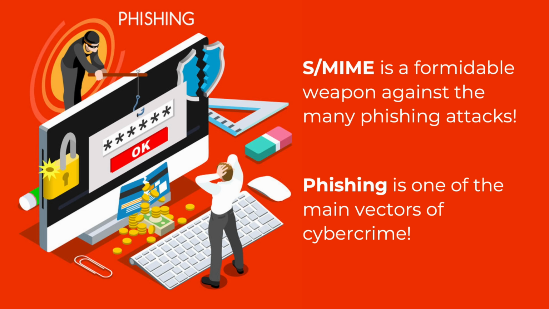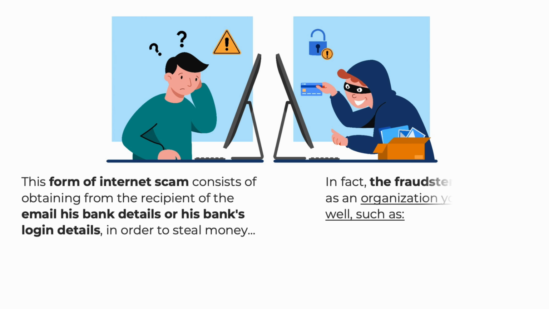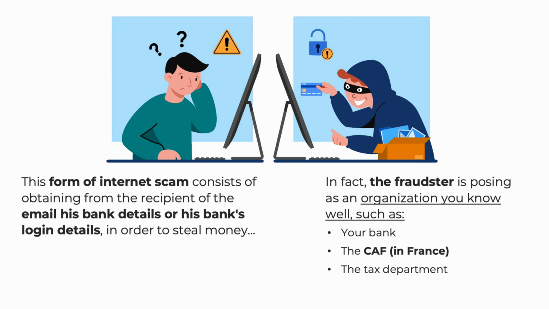Phishing is one of the main vectors of cybercrime. This form of internet scam consists of obtaining from the recipient of the email his bank details or his bank's login details in order to steal money. In fact, the fraudster is posing as an organization you know well, such as your bank, the CAF in France, the tax department, using the logo and name of that organization.